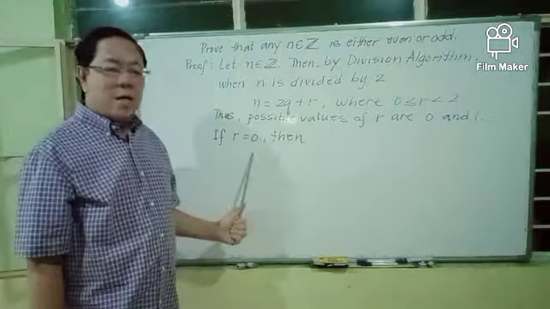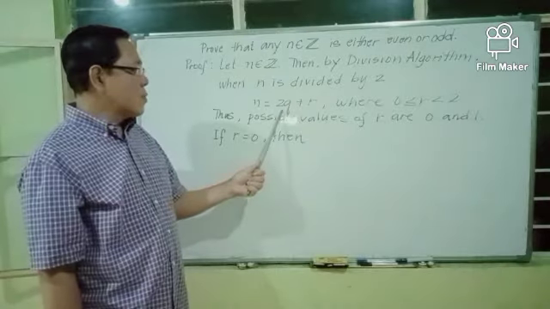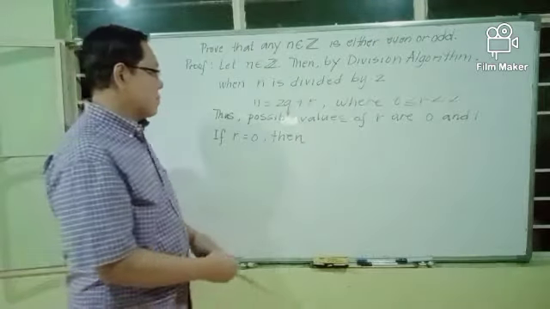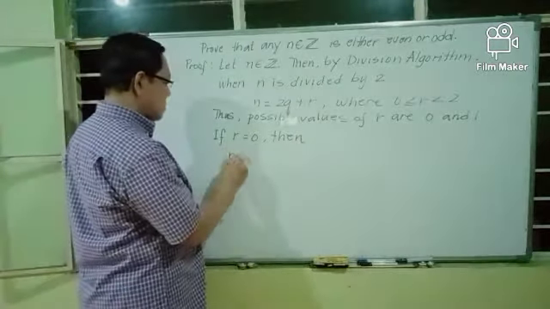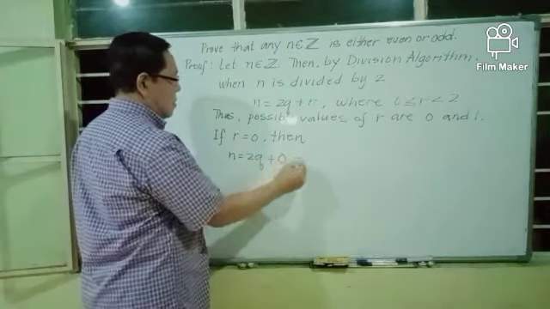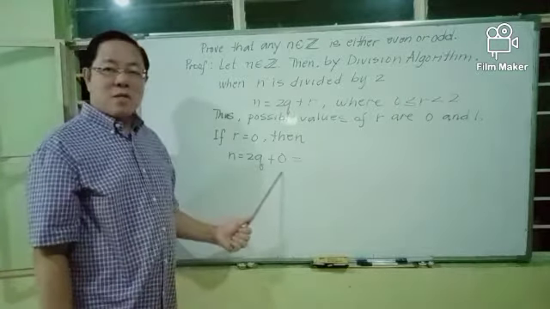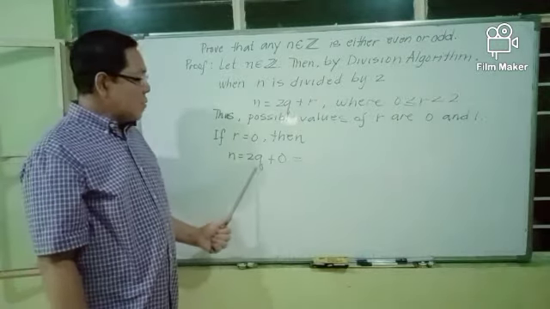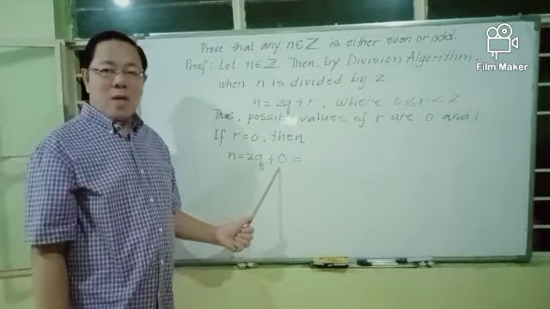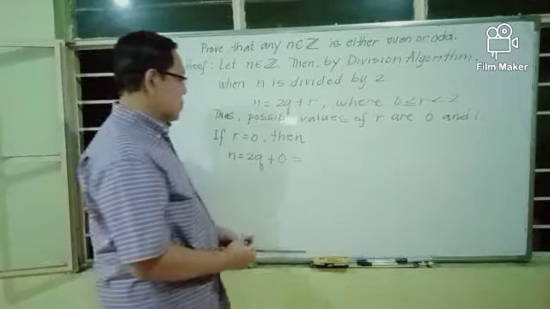If we take R equals 0, then this equation becomes N equals 2Q plus 0. And by the property of the identity element for addition 0, any quantity added to 0 is the quantity. Hence, N equals 2Q.